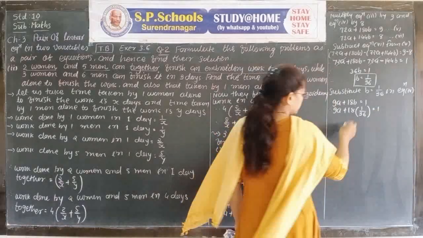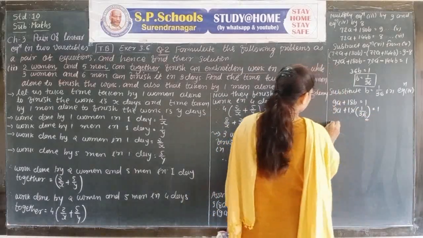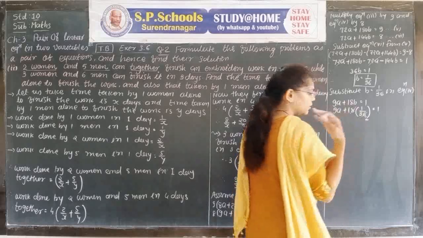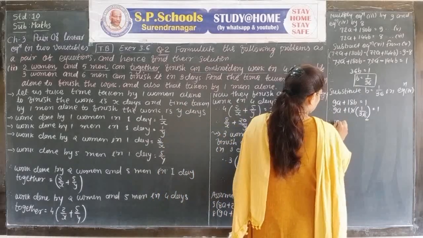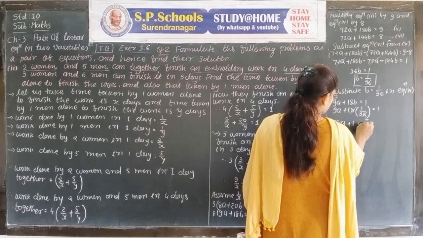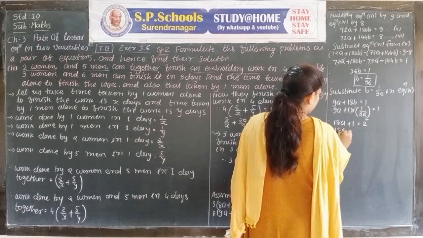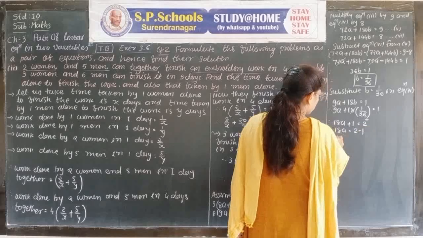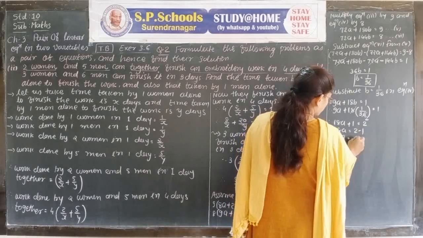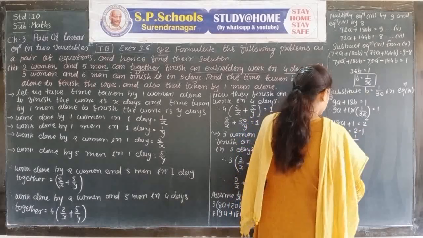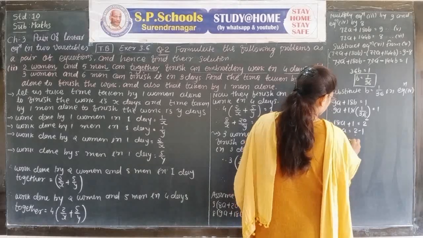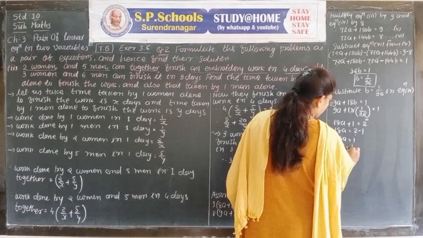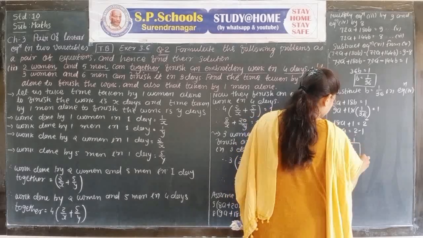Cut is possible here, 18 2s are 36. Take 2 as the LCM, or otherwise shift 1 upon 2 from left to right. 9 2s are 18a plus 1 is equal to 2. That's why 18a is equal to 2 minus 1. That's why a is equal to 1 upon 18.